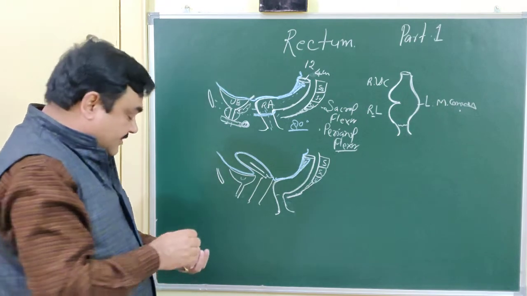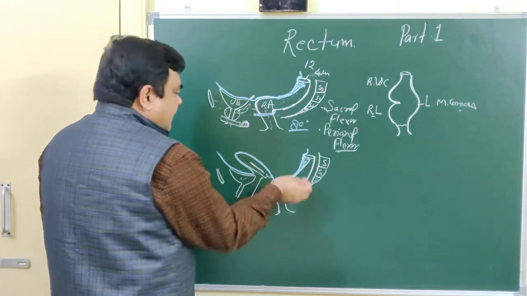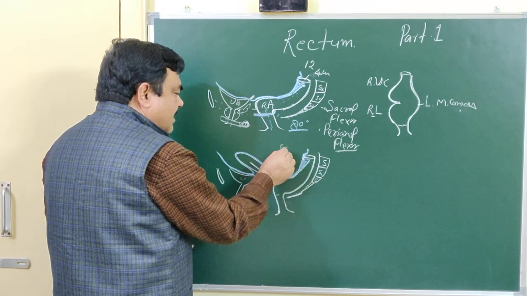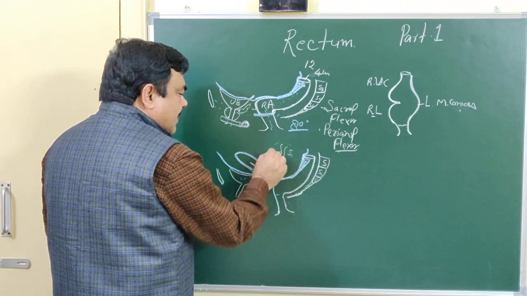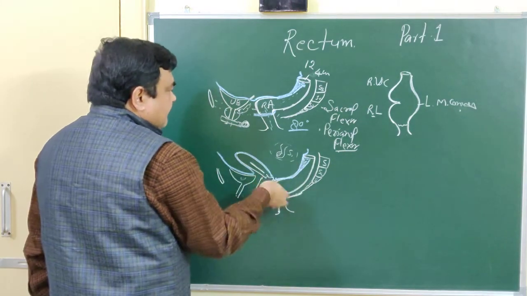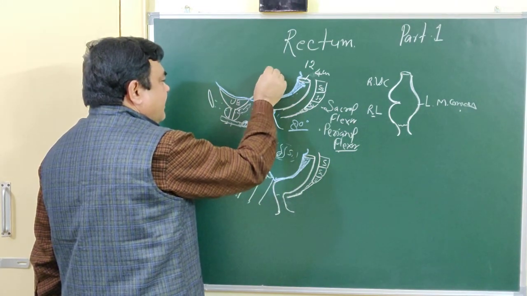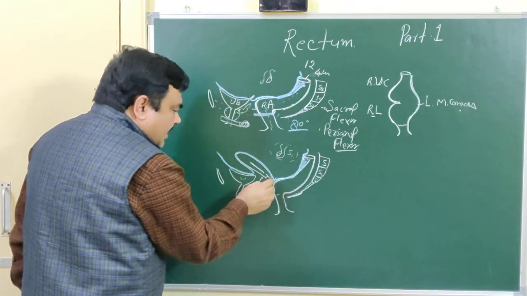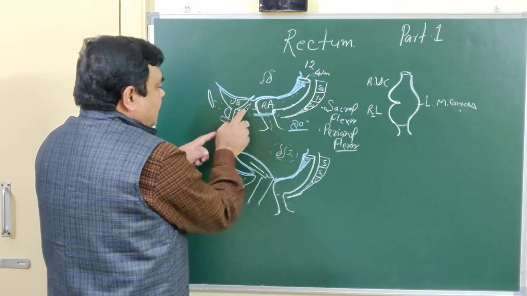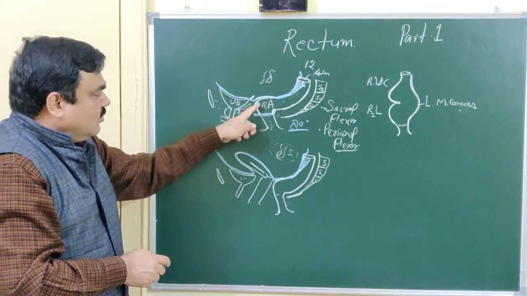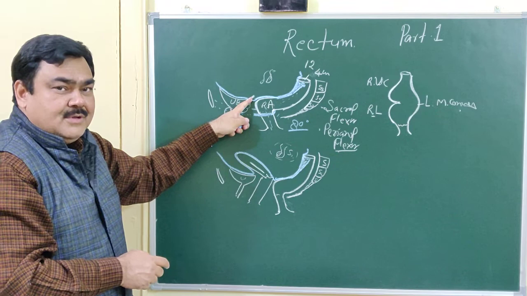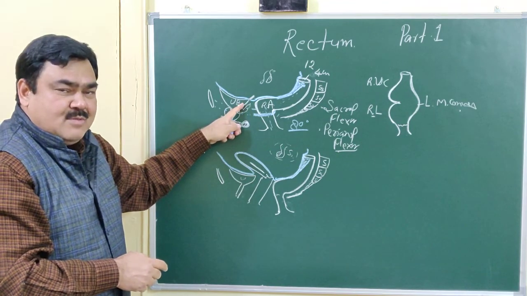Now visceral relations. In the upper two thirds, loops of intestine and sigmoid colon are related anteriorly. In the lower part, it is anteriorly related with the lower part of the ureter and the posterior surface of the urinary bladder.